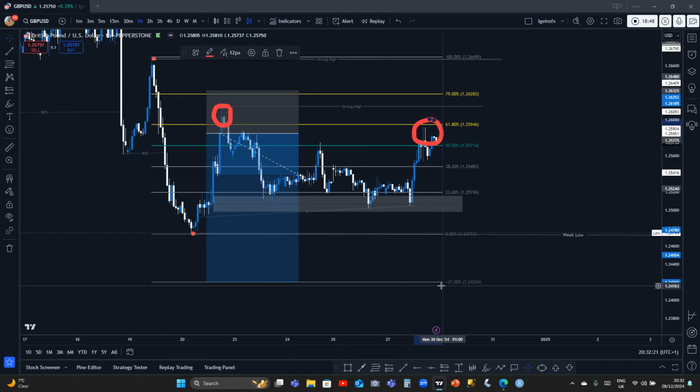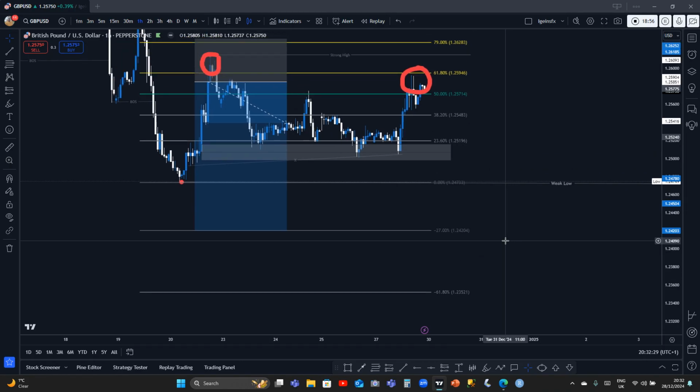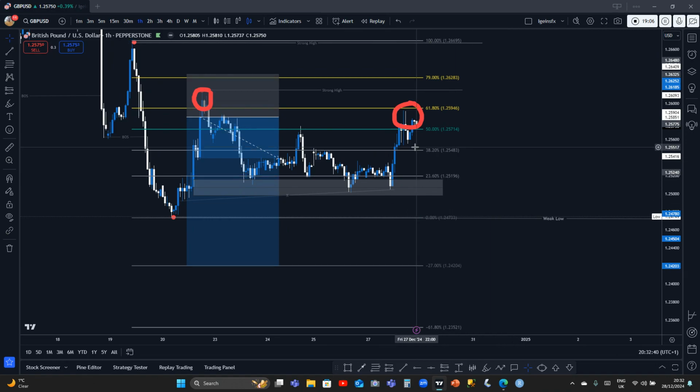27% is your take profit. If you can still hold it, it can get to negative 61 if the bearish momentum is very strong. This is the first take profit, this is the second take profit. So anything between 38% and 23% is a continuation and consolidation level.